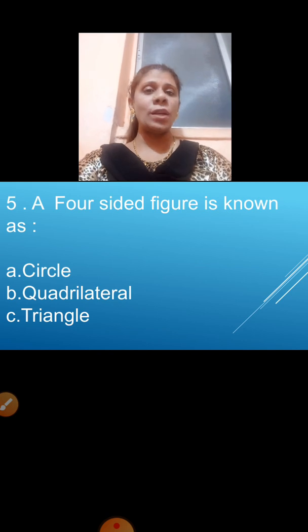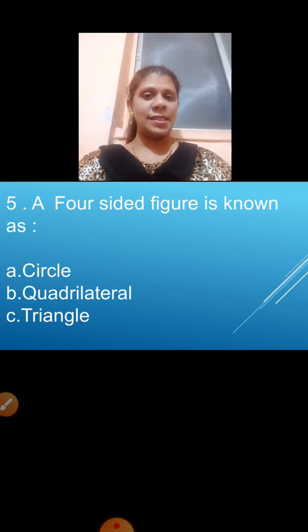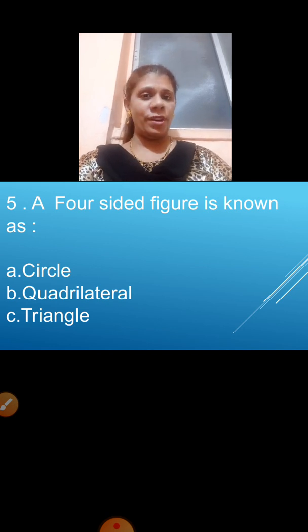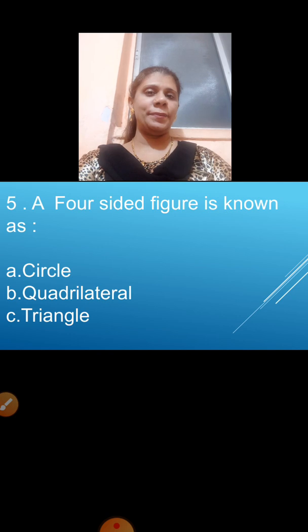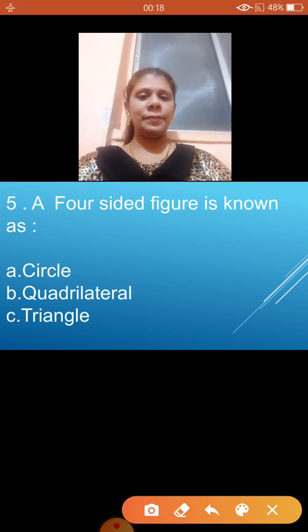Now tell me children, what is the correct answer? Does the circle have four sides? A quadrilateral or a triangle? Yes? Tell me.